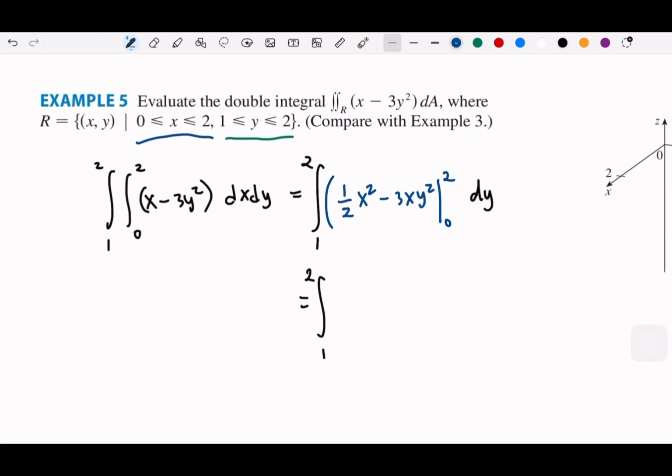Remember that this is x, right? So plugging in 2, this will be 4 over 2 is 2, minus 6y squared minus 0, and this will be dy.